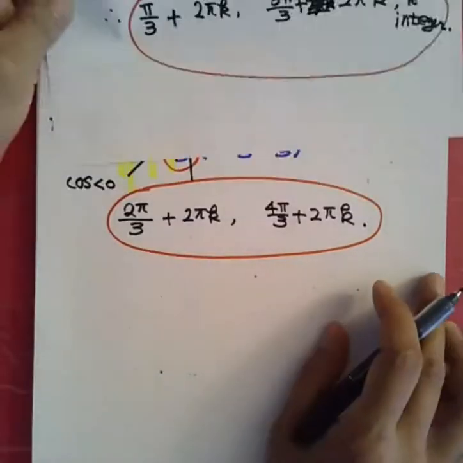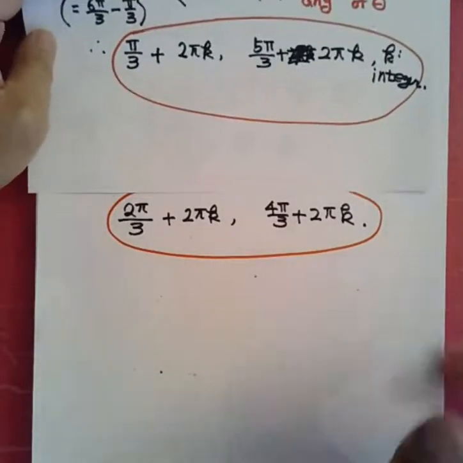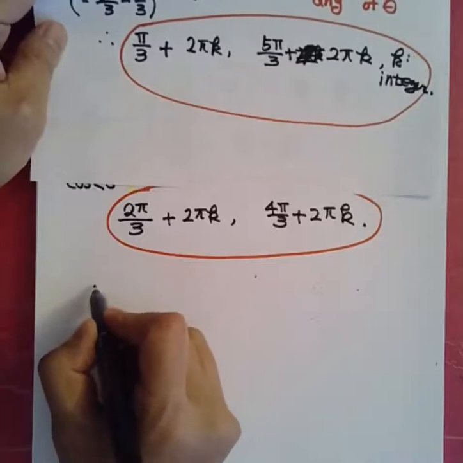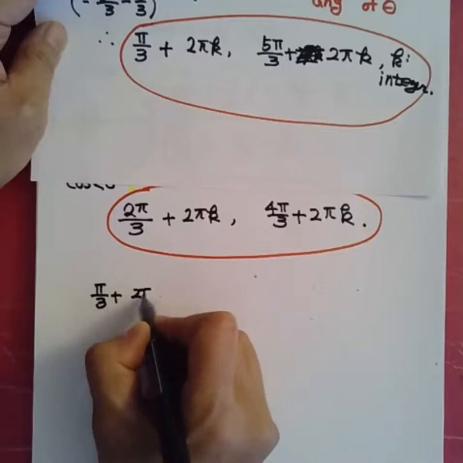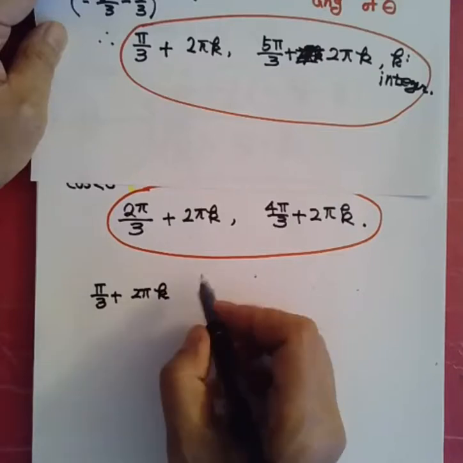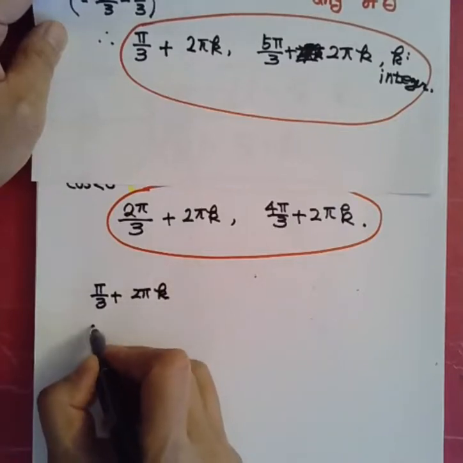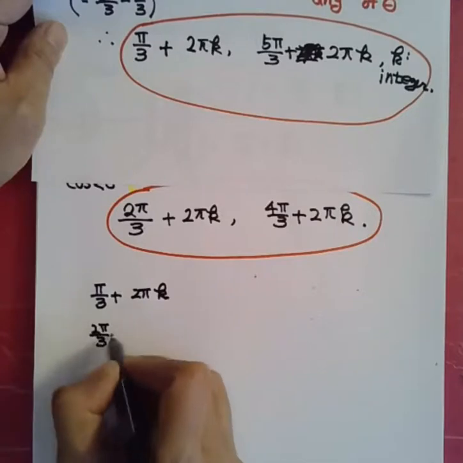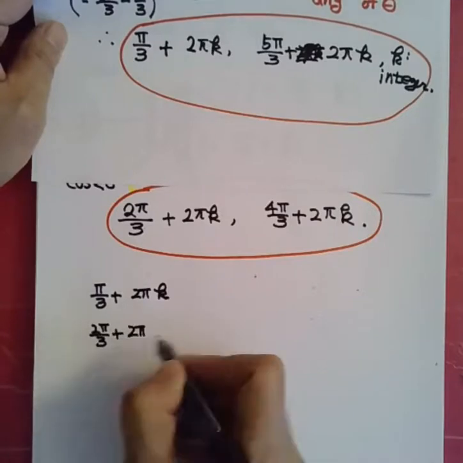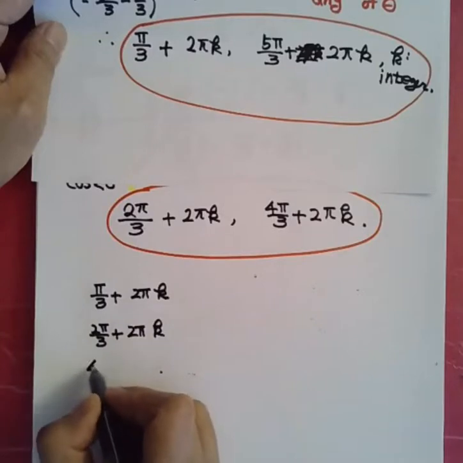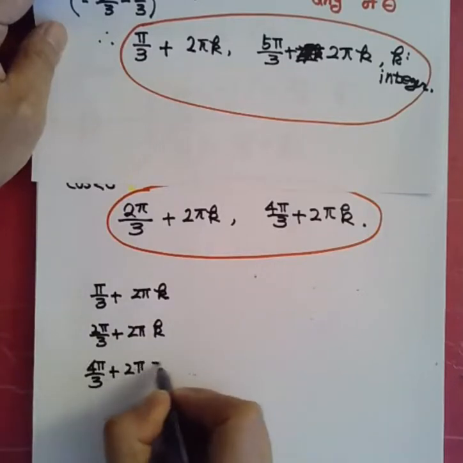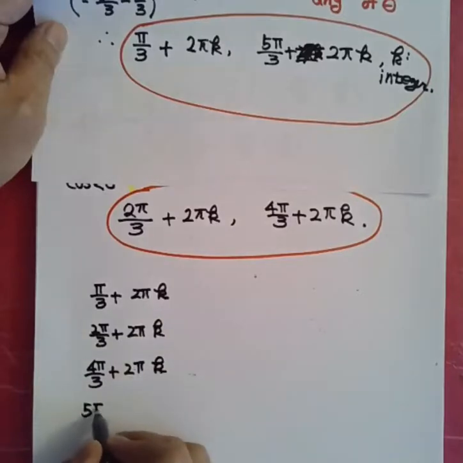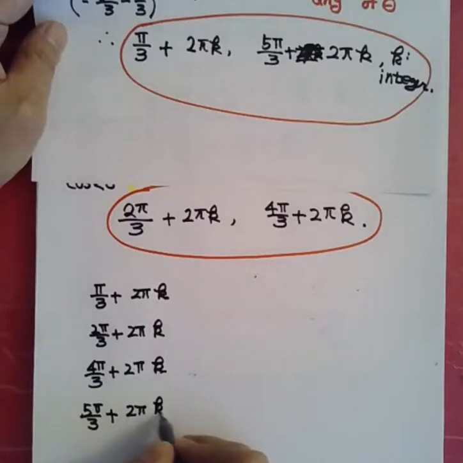So when you write the answer, you can write pi over 3 plus 2 pi k and 2 pi over 3 plus 2 pi k and 4 pi over 3 plus 2 pi k and 5 pi over 3 plus 2 pi k.